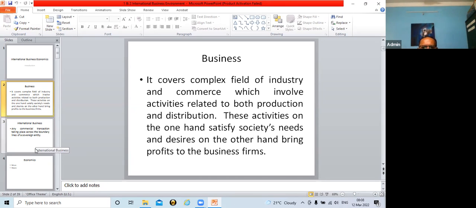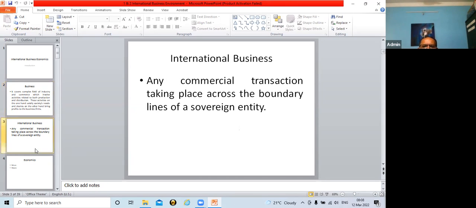So that is why it is business. Then international business: any commercial transaction taking place across the boundary lines of a sovereign entity. So any commercial transaction which happens between two countries, or maybe in multiple countries, is nothing but international business.